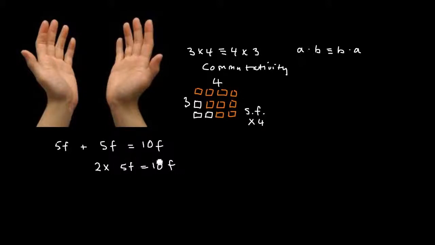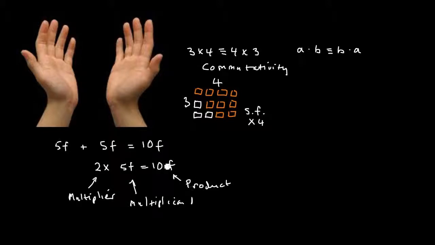And it is fairly obvious now that we've got 3 parts to our multiplication. The first term here is our multiplier, the second term is our multiplicand, and the final result of the multiplication is our product.